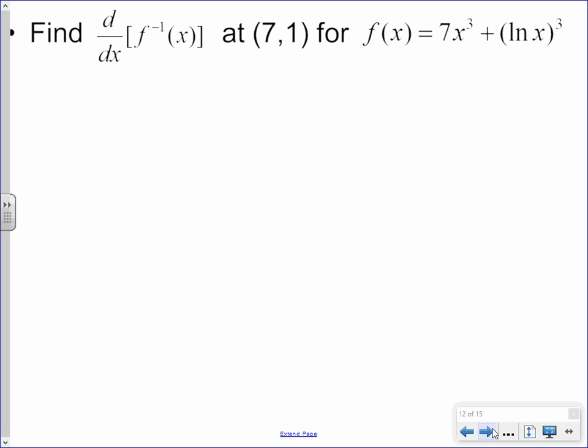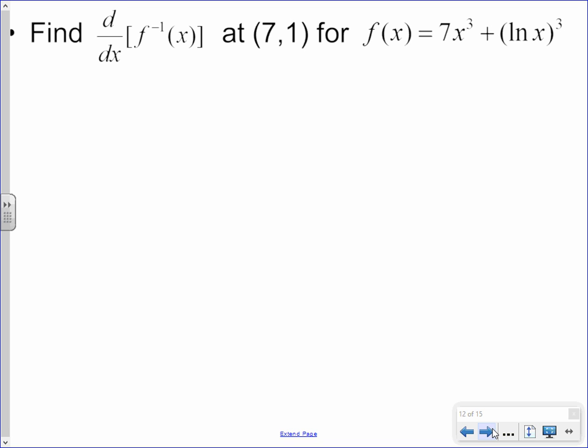All right. What's nice about this problem? They gave us the coordinates and everything. That was nice of them. Okay. Last time we had to figure out the coordinate, right? This time they gave us the coordinate. Okay. So 7, 1. 7, 1 is on which graph?